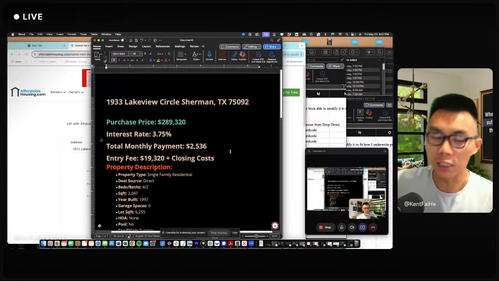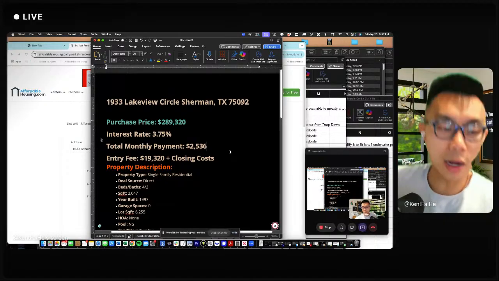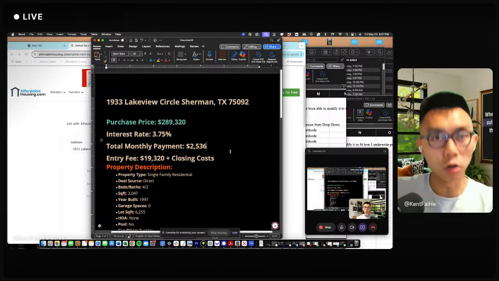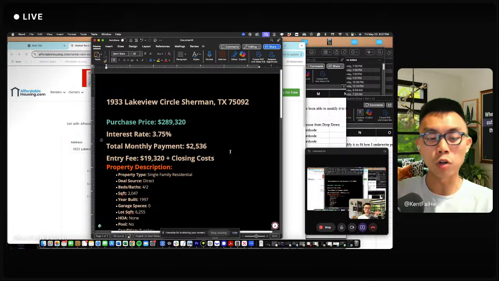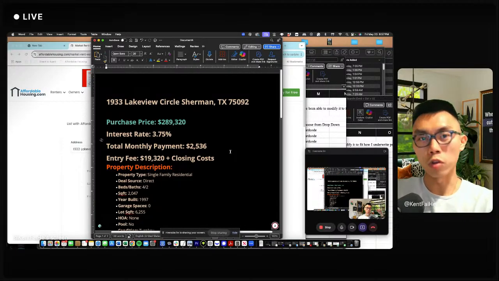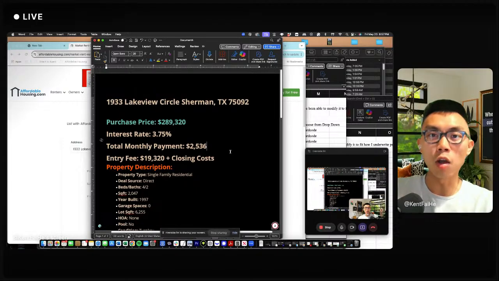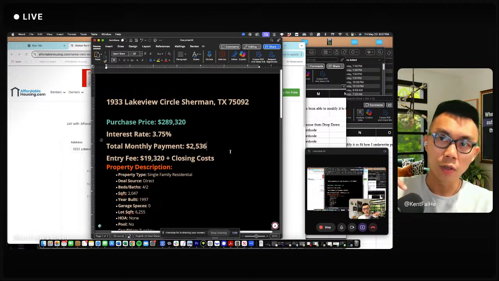And just remember, a subject to deal is when you are buying a property, so you're still taking ownership of the property. However, you're taking over the payments of the underlying loan, which means you're not taking out another loan with your credit just to pay off somebody else's loan.